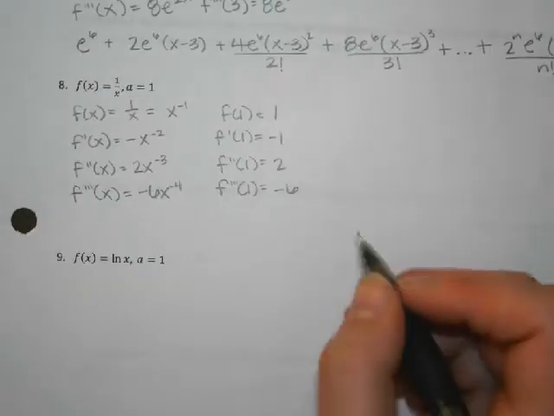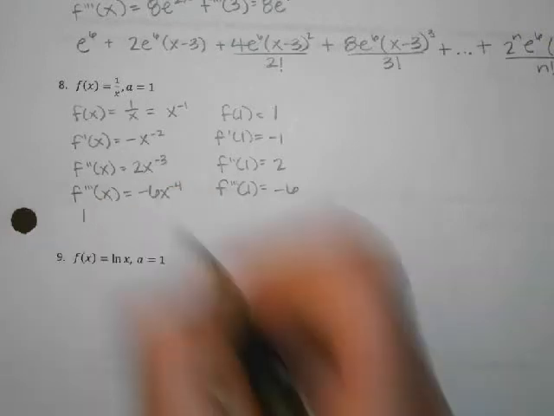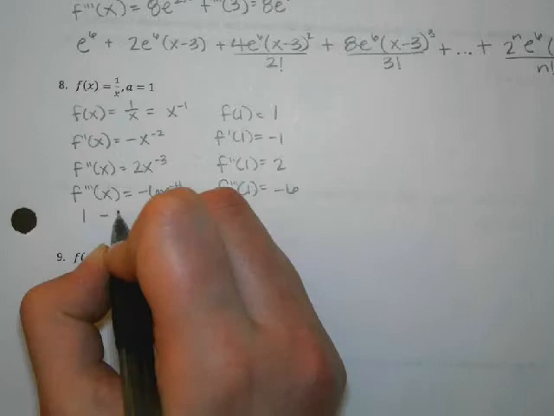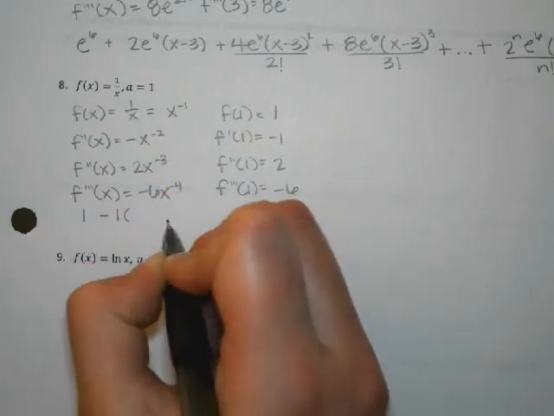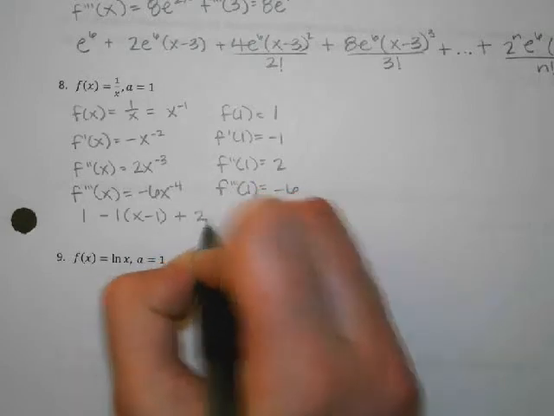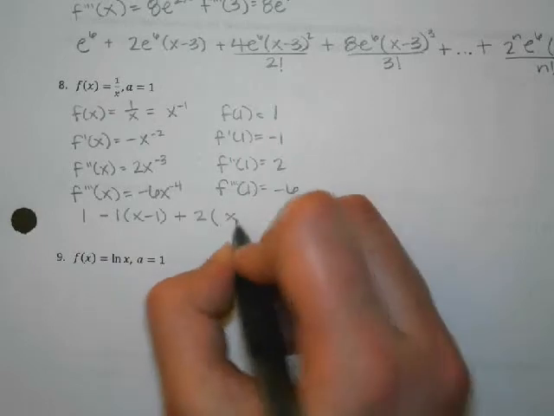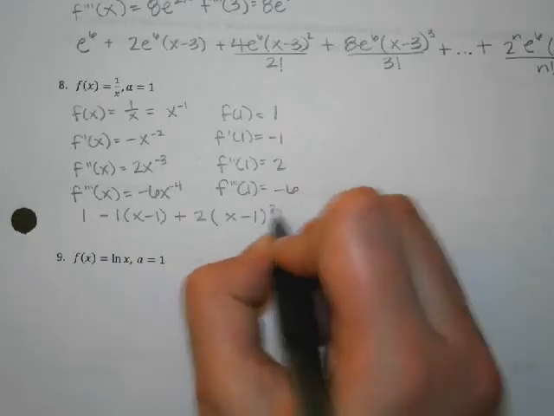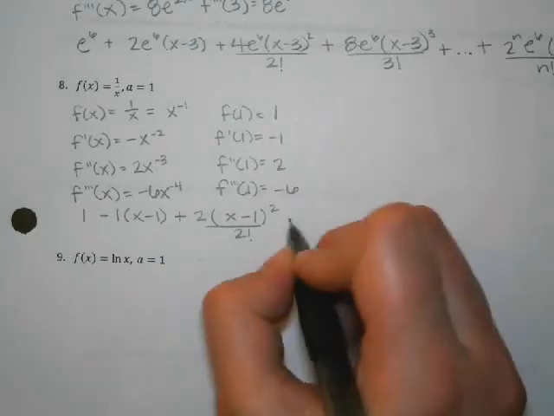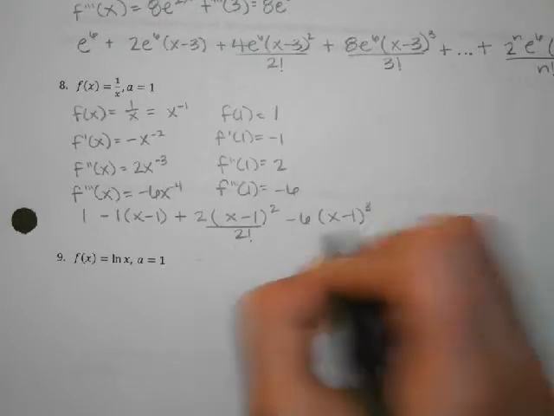All right, so first term is 1, okay, and then minus 1 times x minus 1, okay, and then plus 2 times x minus 1 to the second over 2, okay, negative 6, x minus 1 to the 3 over 3 factorial.